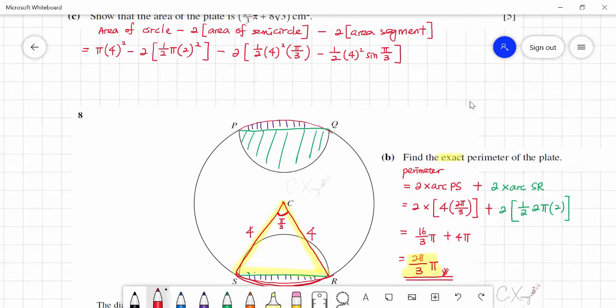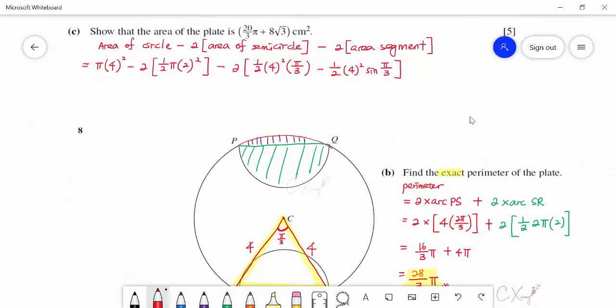Okay, so this is how we try to find the area of the plate. Then I try to simplify everything slowly. So 4 squared is 16 pi. For this one, I will have 4 pi after I simplify it. For this term, I'm having 16 pi over 3.